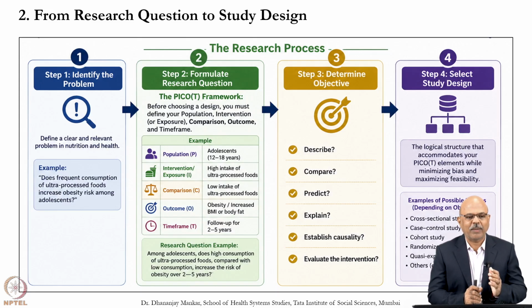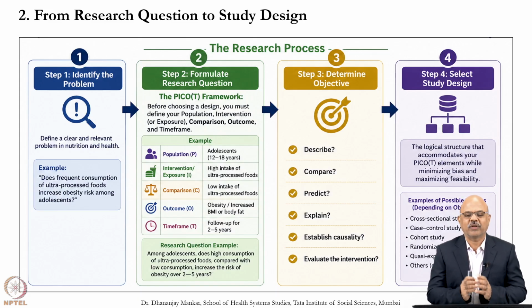If I have to give you an example, it is like, does frequent consumption of ultra processed food increase obesity risk among the adolescent? This is identifying the problem. This is not a hypothetical statement, but it will be clear over the research process.